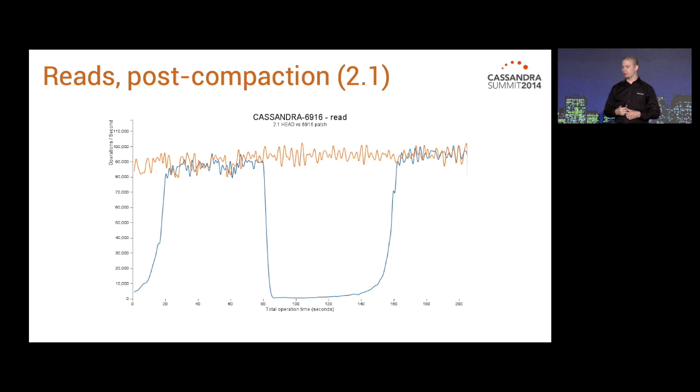Here's what that looks like in 2.1. So what we're doing is we're incrementally pushing reads from the old data files to the new ones as that compaction's taking place.